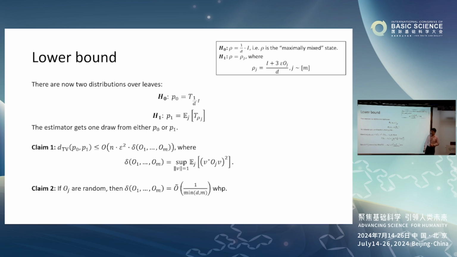Putting these two claims together shows that the total variation distance between these two distributions is very small unless n is sufficiently large. Recall that to distinguish between P0 and P1, we need the total variation distance to be a constant. And this is saying that the total variation distance is subconstant unless n is like the inverse of these.